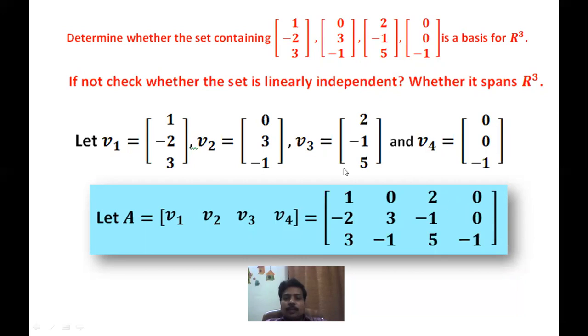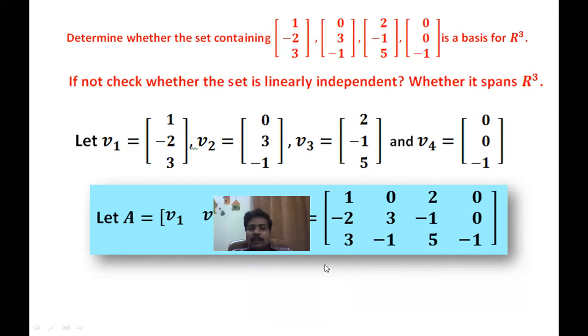That is equal to, the entries of the first row in all the vectors: 1, 0, 2, 0. Then -2, 3, -1, 0. Then 3, -1, 5, -1. So this is the matrix formed using the given vectors.